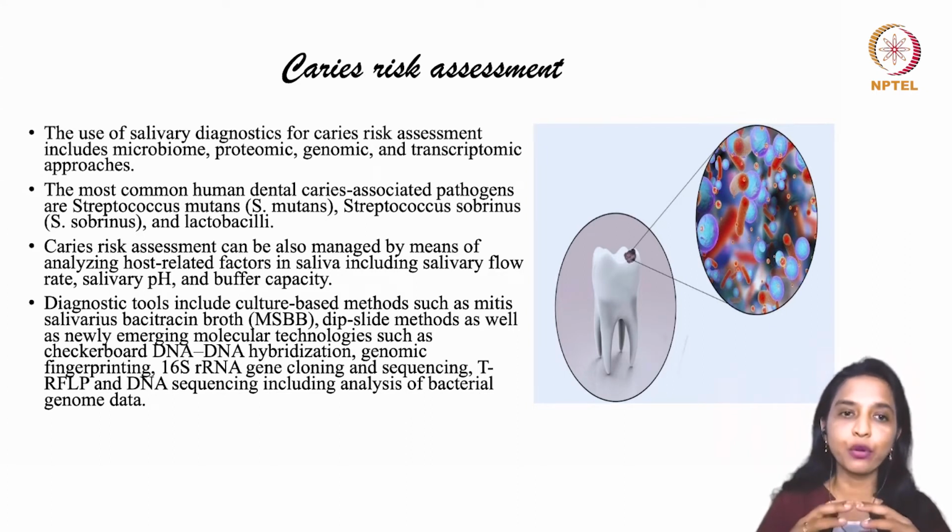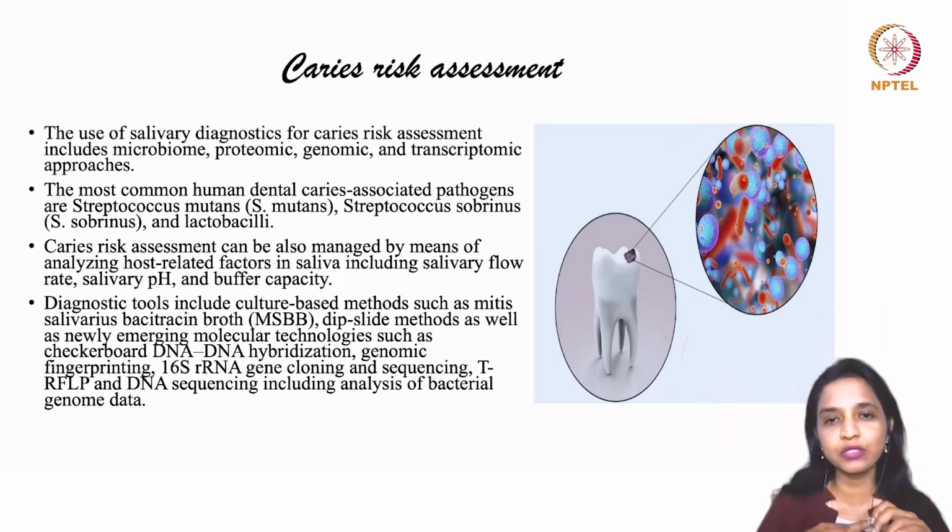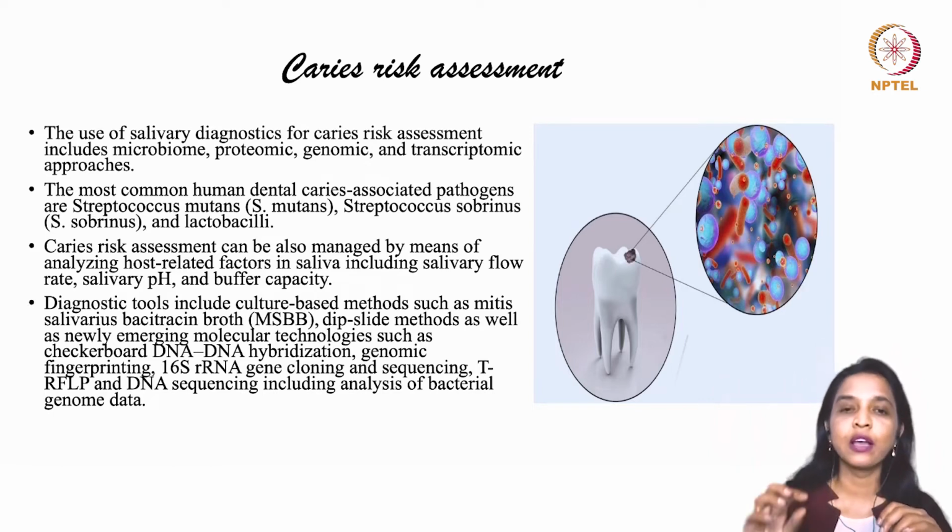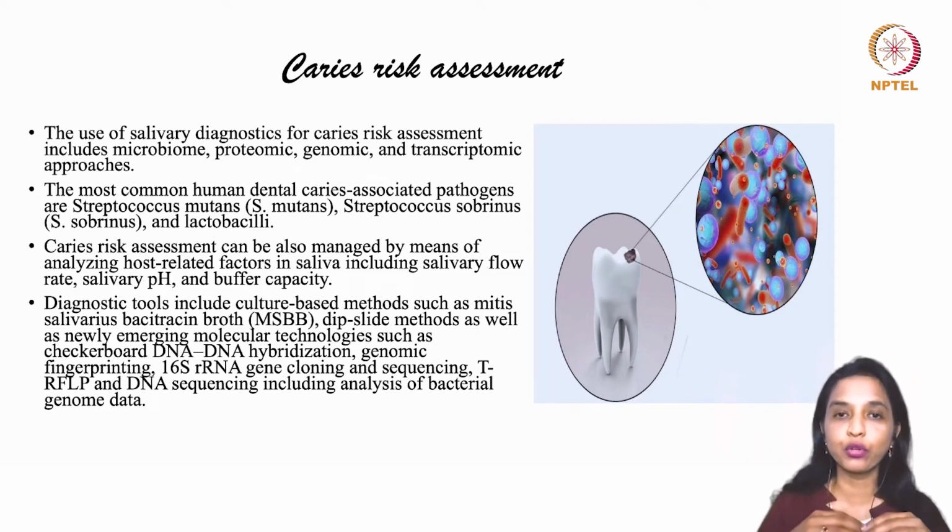When I say microbiome approach in caries risk, we have the associated microbes like Streptococcus mutans, Streptococcus sobrinus, and Lactobacillus, which are very important caries risk microorganisms which can be easily tested. And then we have the advanced testing using the proteome signatures and the genomic signatures.